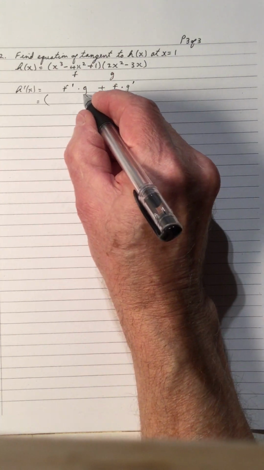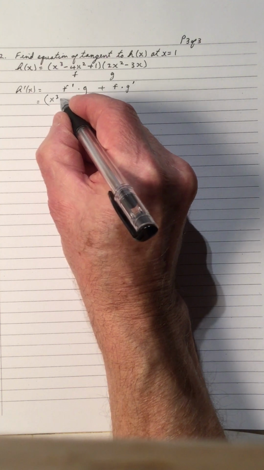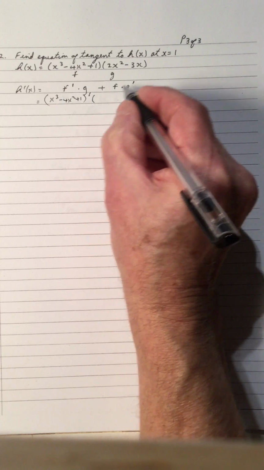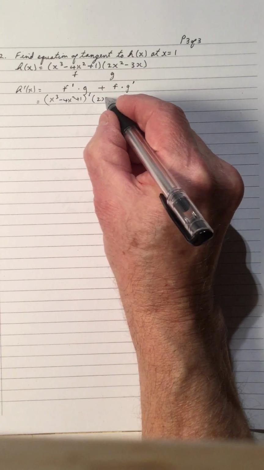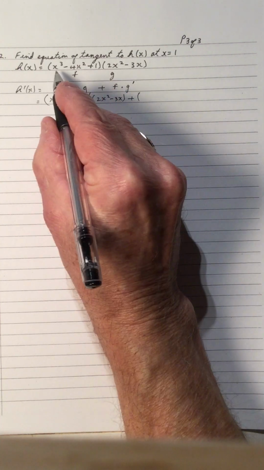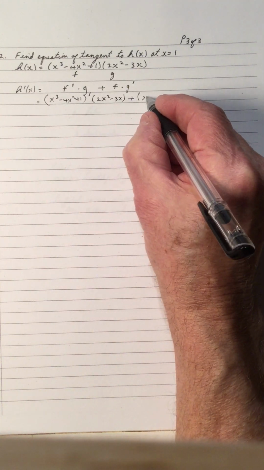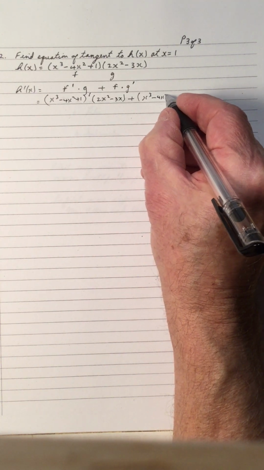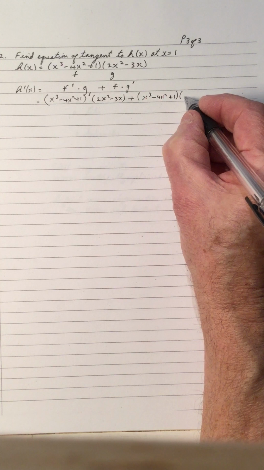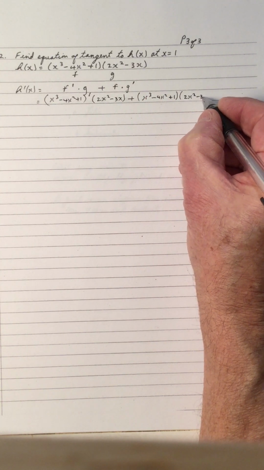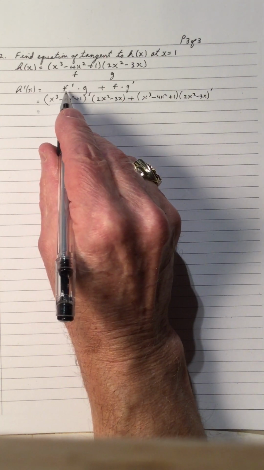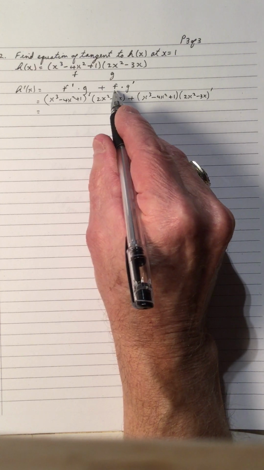So let's write the first one down, which is the derivative of x cubed minus 4x squared plus 1, and this is times g, which is 2x squared minus 3x.